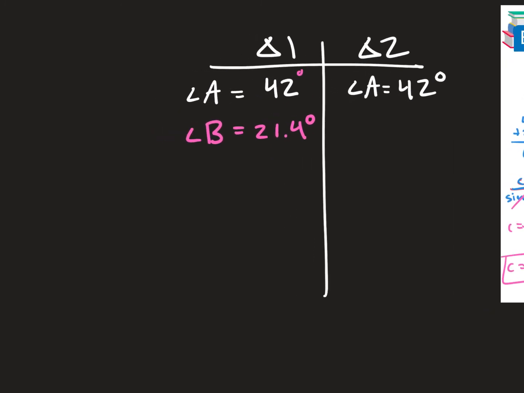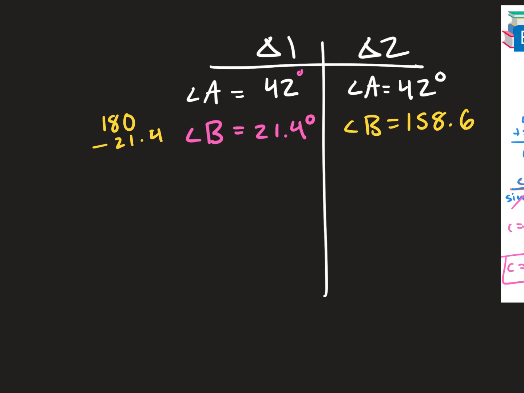Now, in our second triangle, our second angle B would be the supplement of B. So I'm going to take 180 and subtract 21.4. So what's 180 minus 21.4? What is it? 158.6.